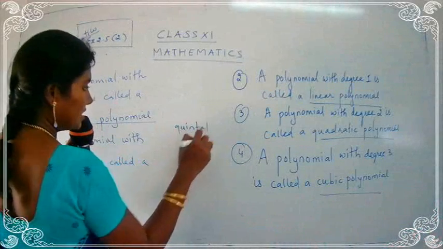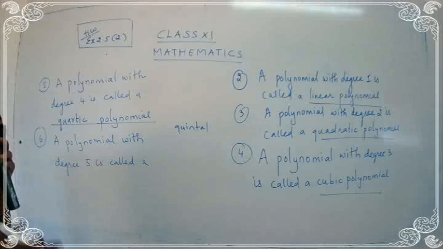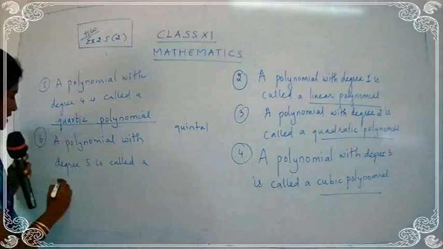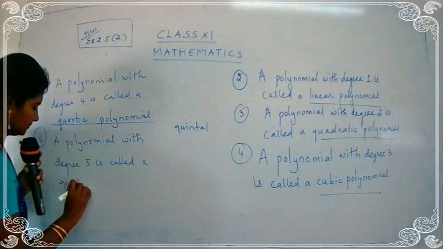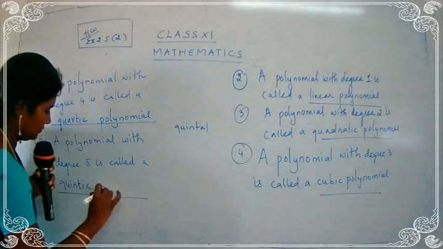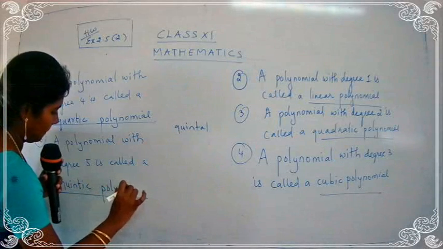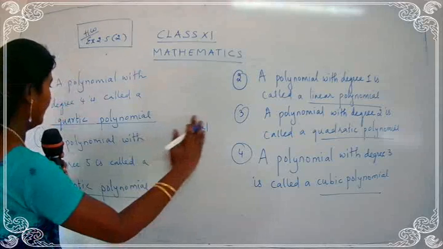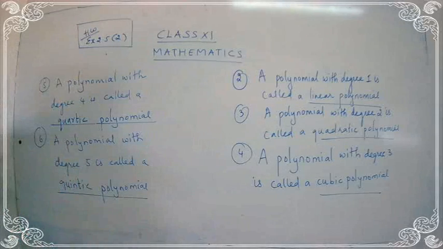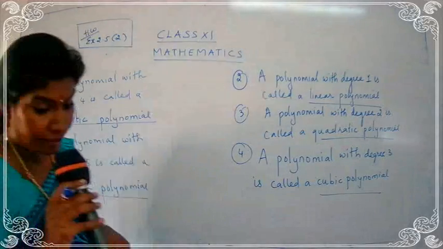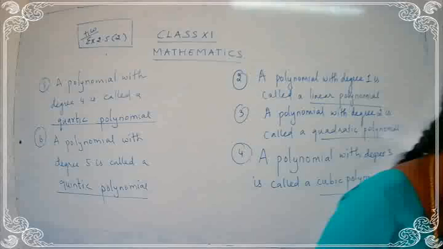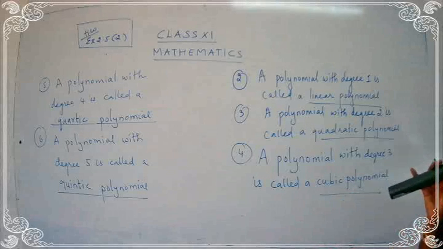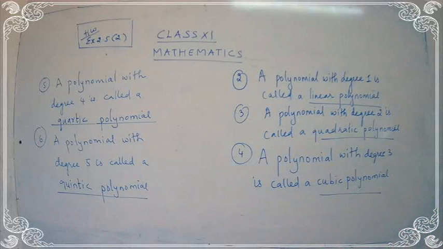Yeah, quintal kg, this many quintals of wheat, quintals of rice. So this is called a quintic polynomial. That was your point number 6. So we have studied the different polynomials with the different degrees. Let us have a small recap.